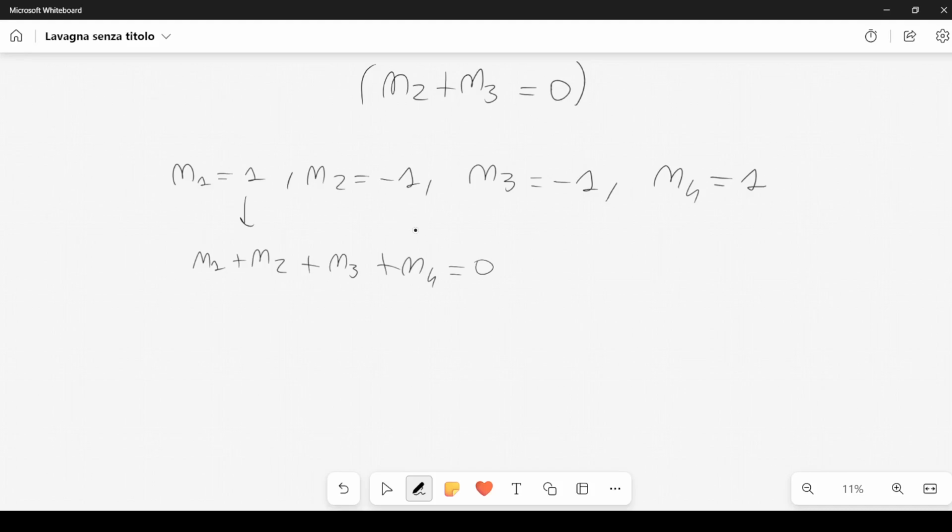But this index n1 can be paired with n2, so we have n1 plus n2 equal to 0, and you can see that n3 plus n4 is equal to 0. So this is satisfied, but simultaneously we also have n1 plus n3 equal to 0, and also n2 plus n4 equal to 0.